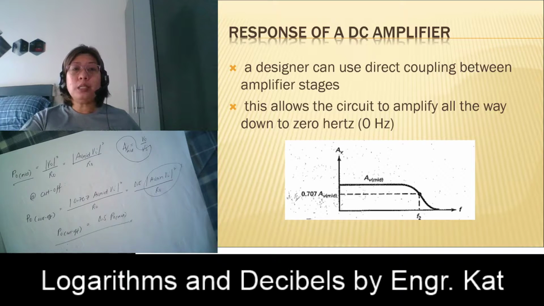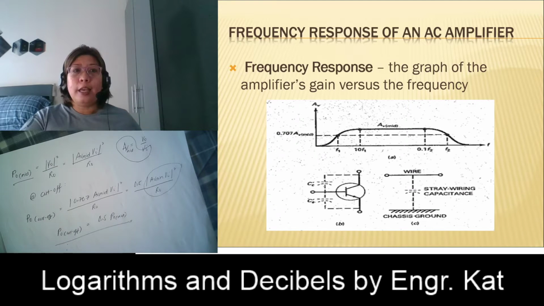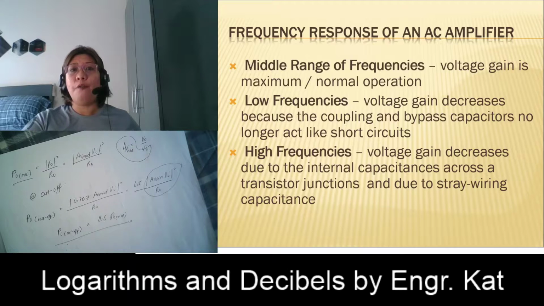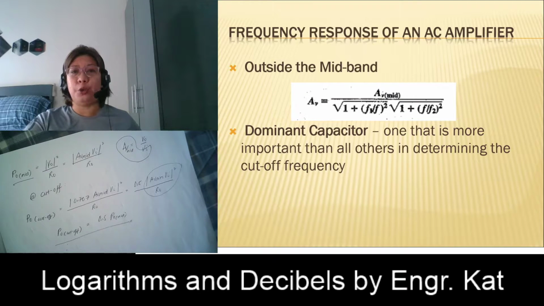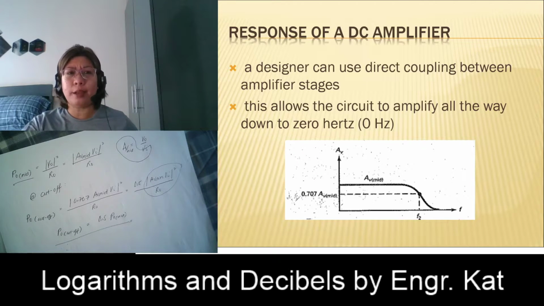So this is the response of an AC amplifier. An AC amplifier has two cutoff frequencies, the lower cutoff frequency and the upper cutoff frequency. For a DC amplifier, the frequency response will look like this. A designer can use a direct coupling between amplifier stages. So what do we mean by a direct coupling?